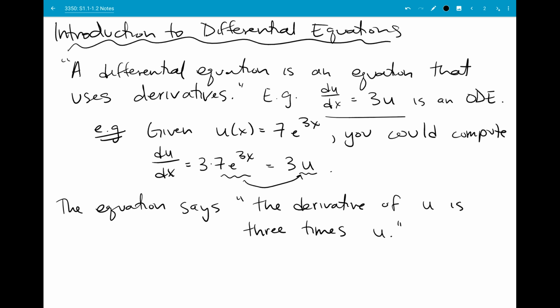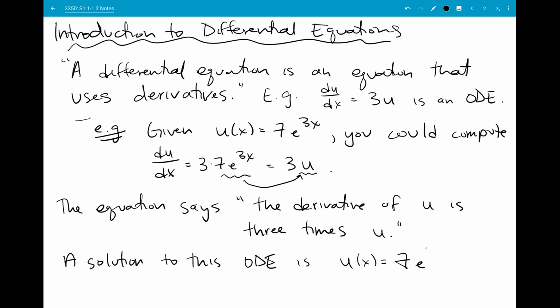I gave you your first differential equation right here, and because we found it using your basic calculus knowledge, we can already say that this is an equation we know how to solve. Specifically, a solution to this ODE is u of x equal to 7 e to the 3x.